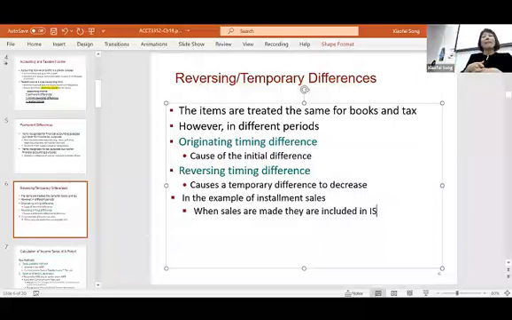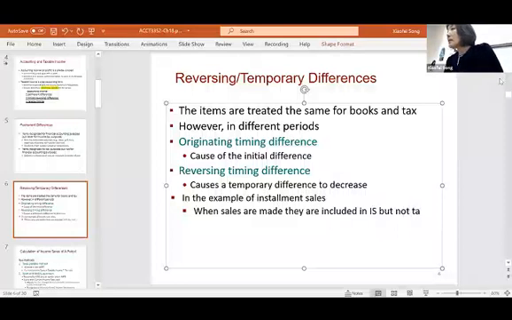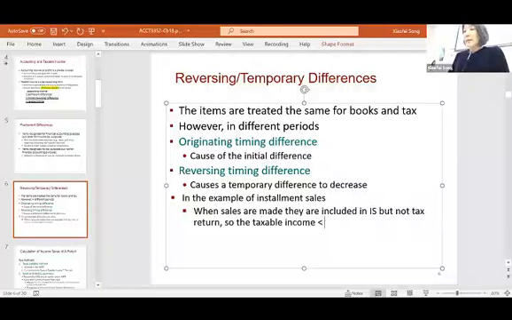So in this case it is not included in taxable income, not in the tax return. The taxable income will be less than accounting income.